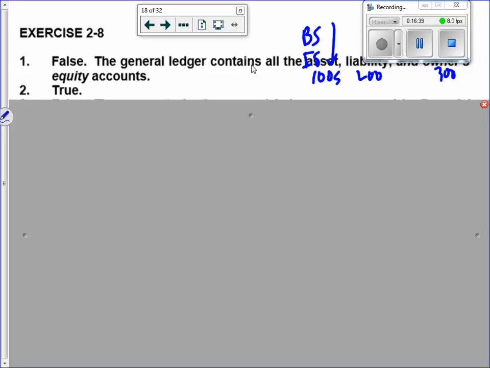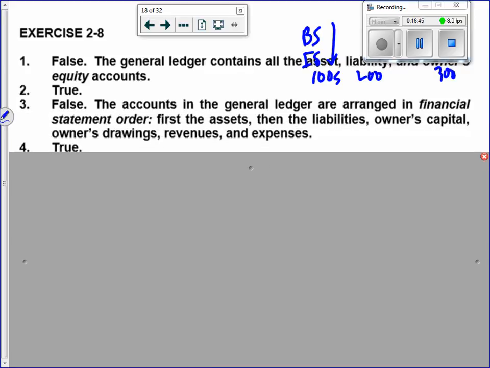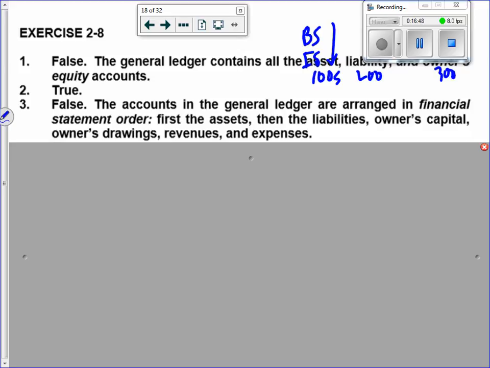Number 3, the accounts in the general ledger are arranged in alphabetic order. We already talked about that, but basically it's in financial statement order. First the assets, then the liabilities, then the capital, drawings, revenue, expenses in there as well. Number 4, each account in the general ledger is numbered for easier identification.